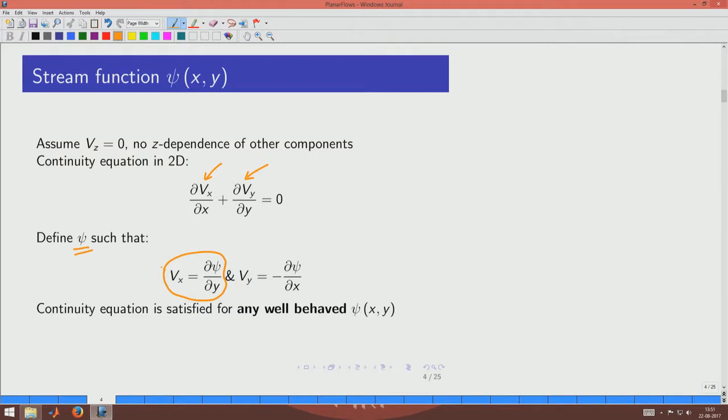So, you define psi in such a way that the velocity components are given by the differentiation of psi with respect to x and y as here.